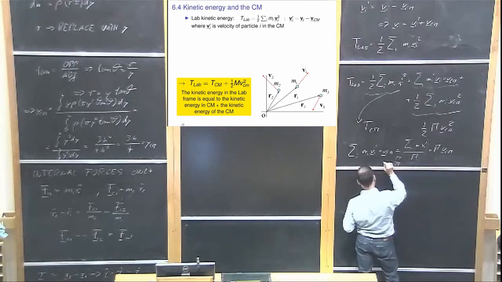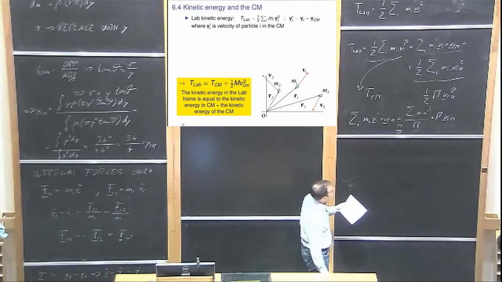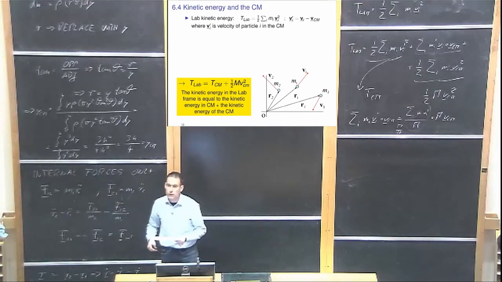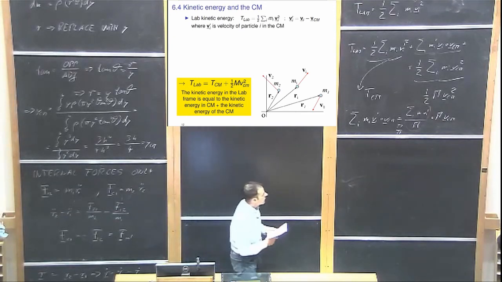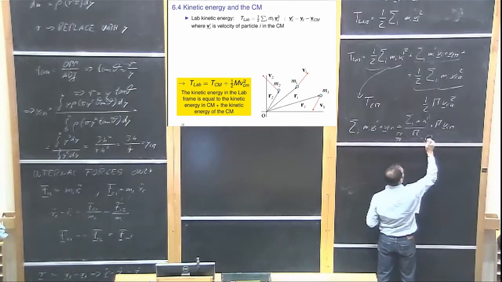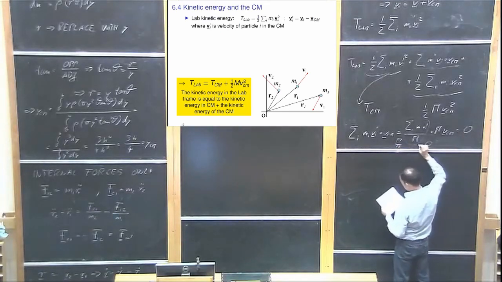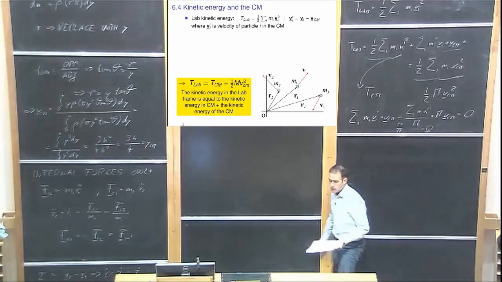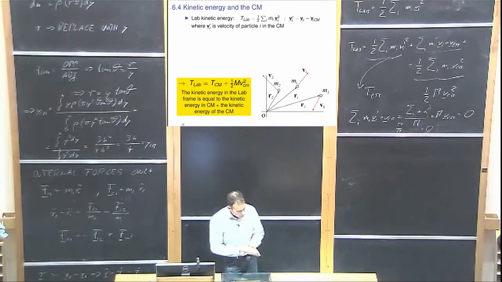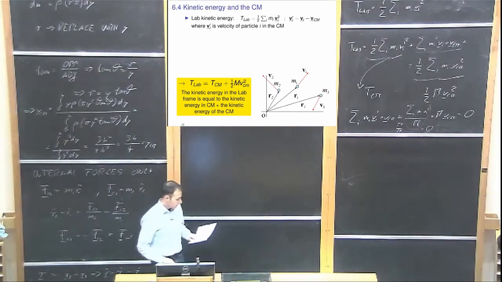What do we have here? This is the momentum in the center of mass frame, and that's 0 as before. So this is the 0 vector that comes out, and that times V_cm, of course, turns out to be 0. Because the sum of all momenta in the center of mass frame is 0, one of the key properties.